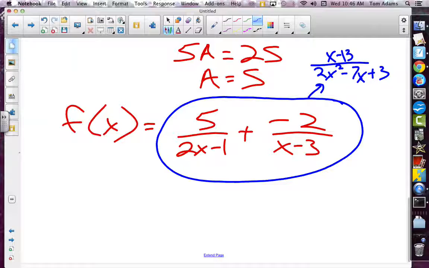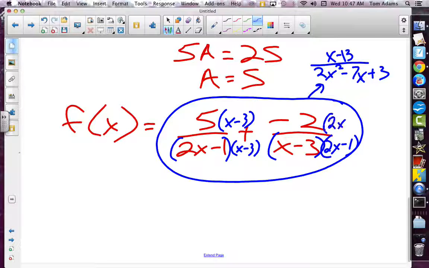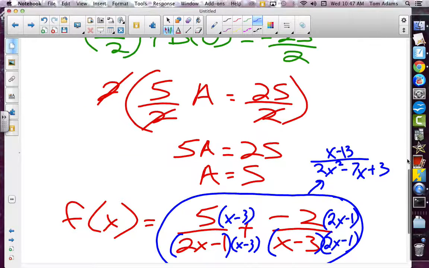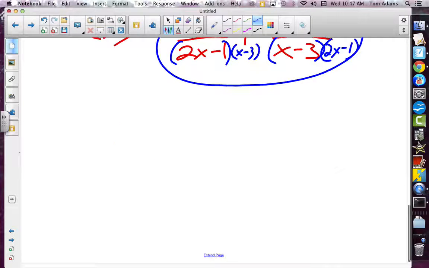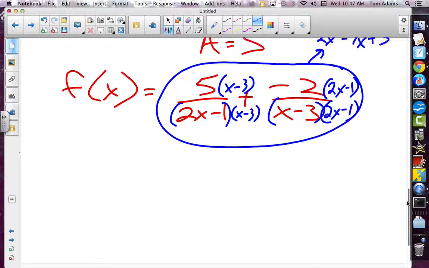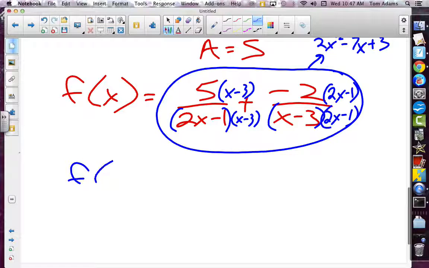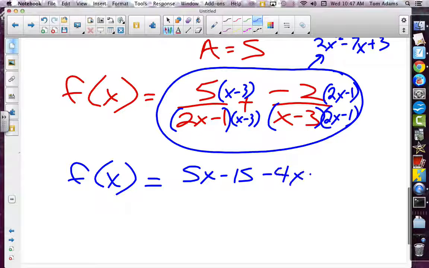Multiply it out. So if I take this and multiply it by x minus 3, whatever I do on the bottom, I have to do on the top. This I have to do the same thing, but I'm going to multiply it by 2x minus 1 so I can get my common denominator, right? That gives me on the top 5x minus 15 minus 4x plus 2.